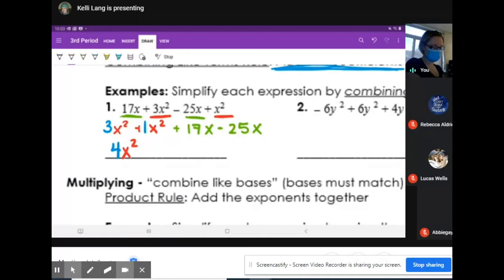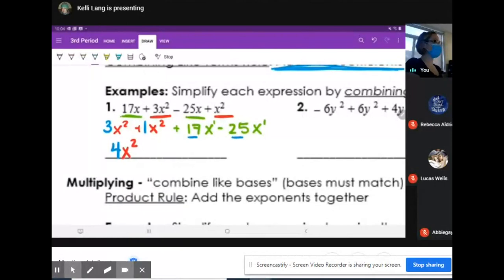Now let's look at the green. The two green terms are like terms because they both have an x to the first power. We didn't write the 1 in, but they're there. So these are both x to the first, x to the first. Those are like terms because they have the same base and they have the same exponent. So our rule is we just need to add the coefficient in the front.